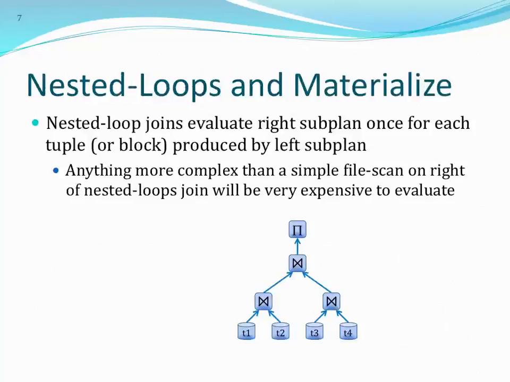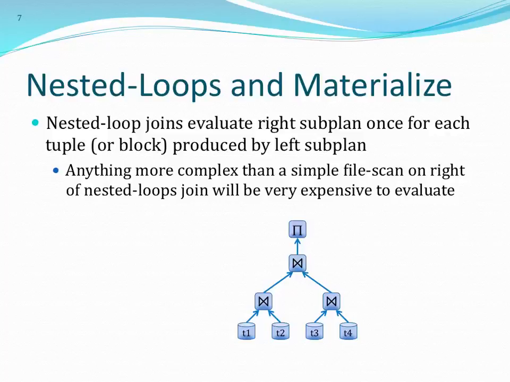Now, another situation where materialized evaluation can be very helpful is if you have a nested loop join that you can't avoid, and the right subplan happens to be more complicated than just a table. Because if I have a table, I can go ahead and cache the whole thing in memory, and it's really easy to go back to the beginning of the table. I just seek to that point on the disk and start scanning again.